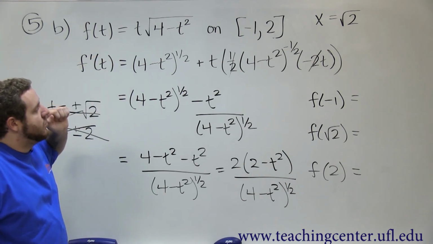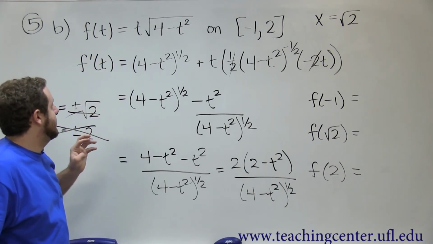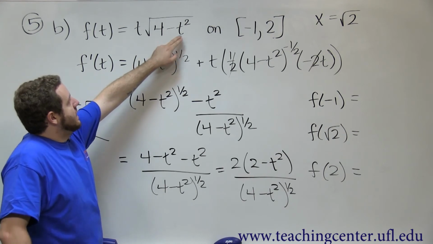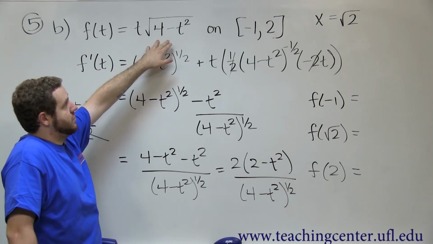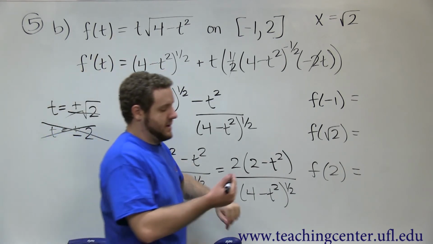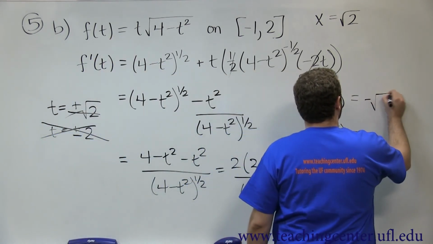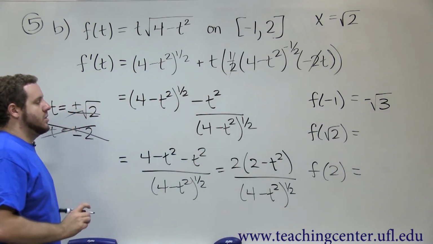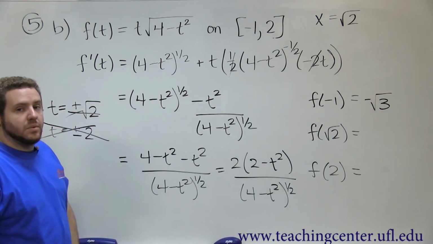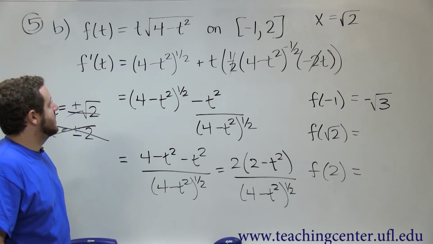So f of negative 1, if we plug in negative 1 to our function, negative 1 squared would be 1, 4 minus 1 would be 3, so we have square root of 3, times negative 1, we get negative square root of 3. Square root of 2 is the next thing that we're plugging in, f of square root of 2.